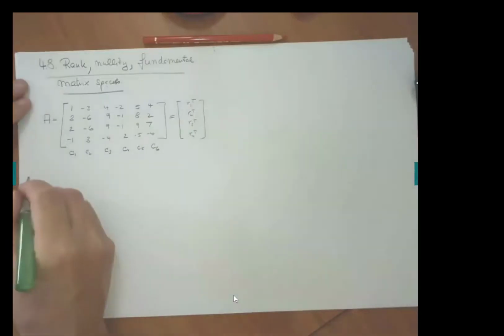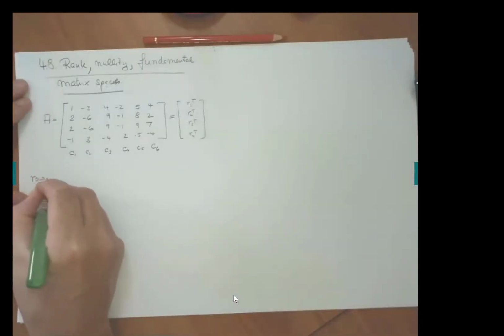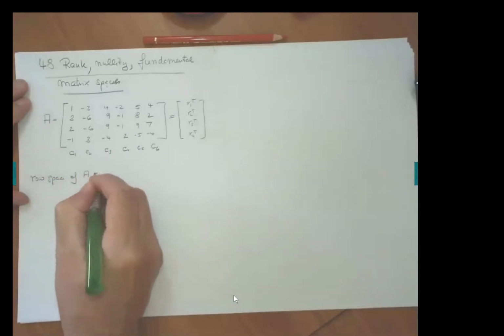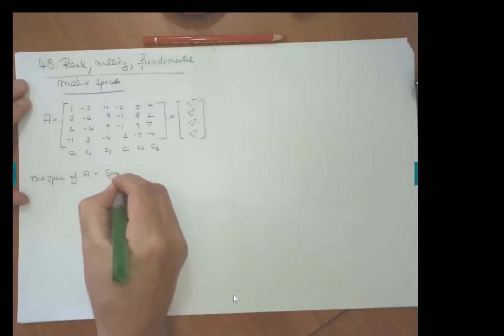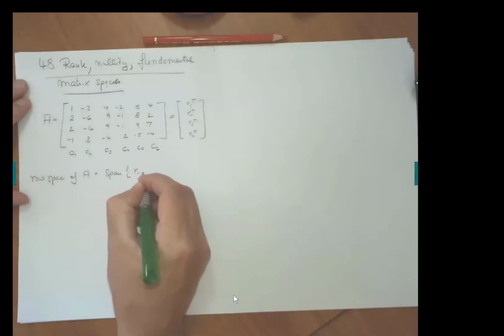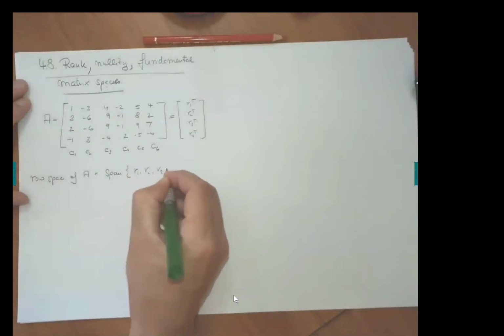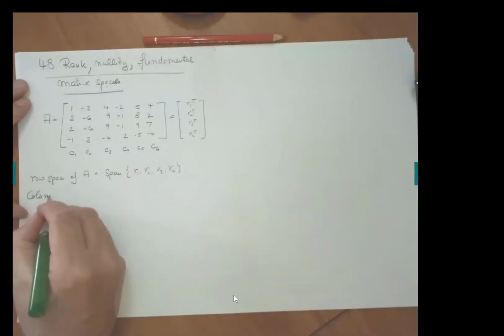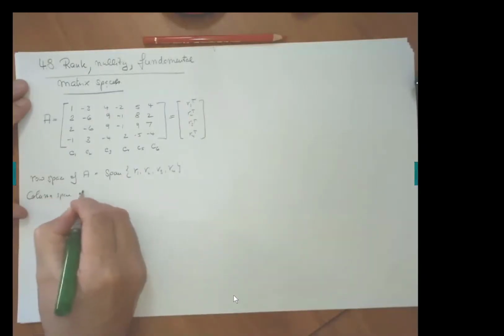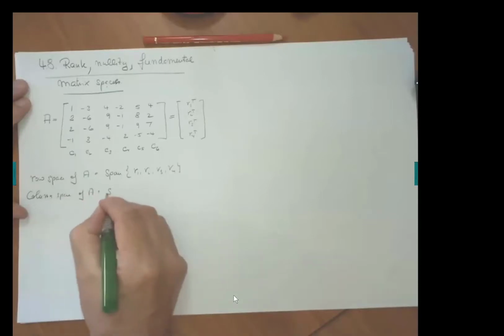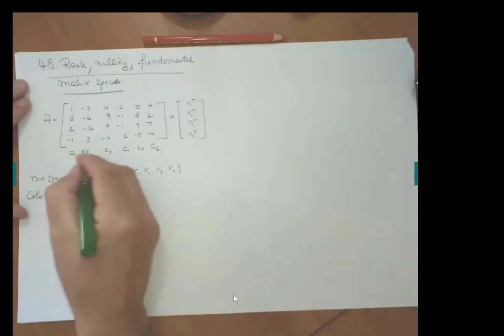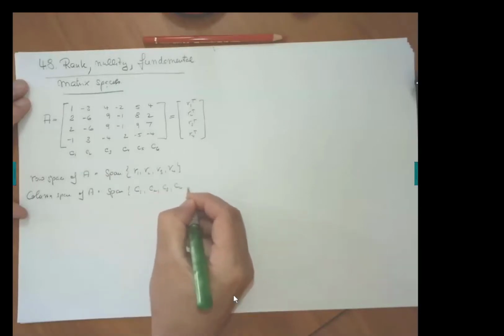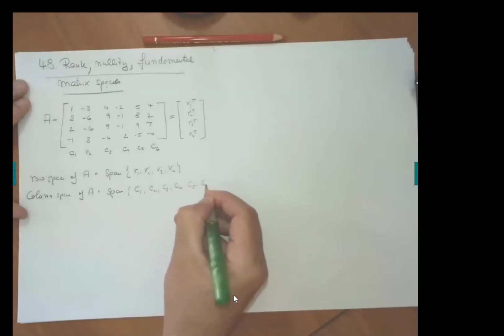And again, the row space of A is the span of R1, R2, R3, R4, and the column space of A is the span of these columns, C1, C2, C3, C4, C5, C6.